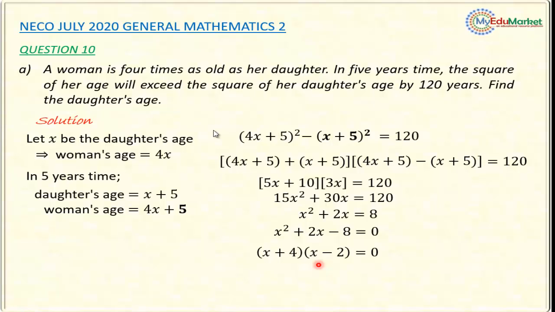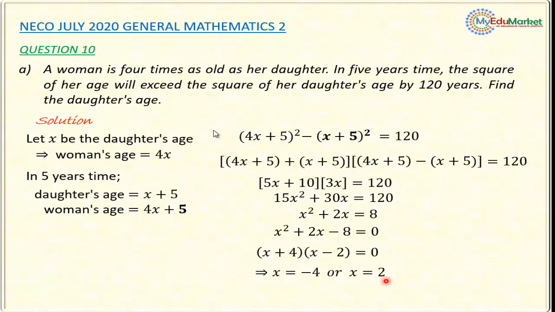For me to get 0 as a product, I can now say if x plus 4 equals to 0, it implies x will be minus 4. And if x minus 2 equals to 0, it will imply that x will be equals to 2. So the solution to this quadratic equation is either x equals to minus 4 or x equals to 2.